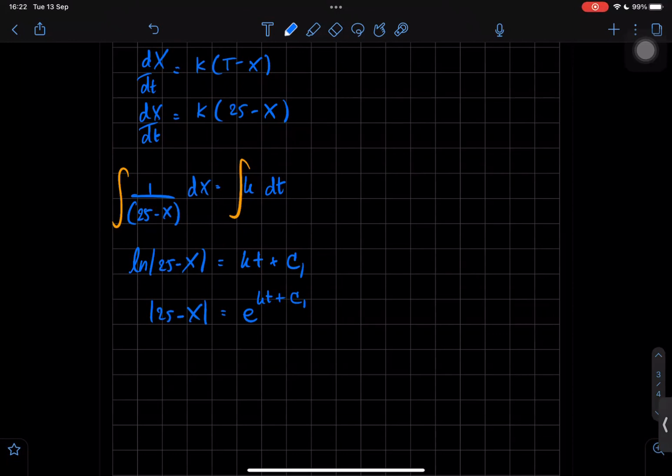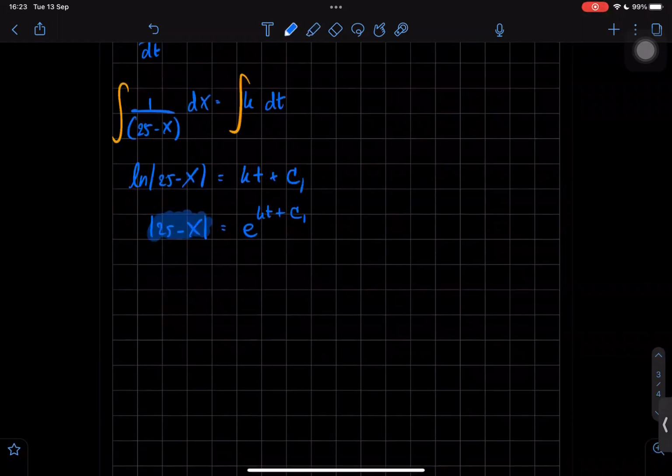And since x, right, the temperature of the object is greater than the temperature of the surrounding, right? So when you take absolute value out, you get x minus 25 equal to e to the kt plus c1.